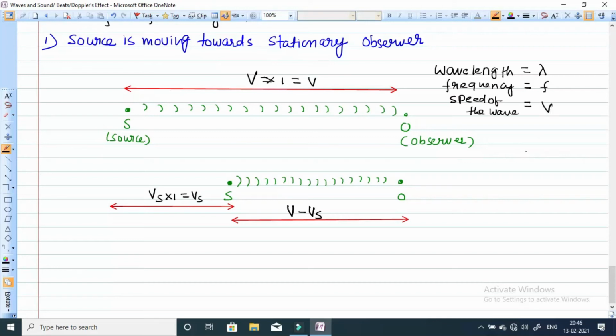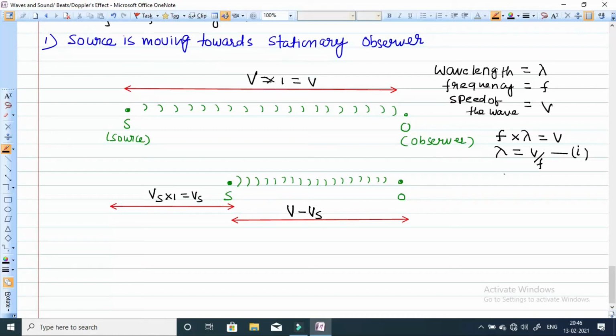Then what will be the wavelength? Frequency into wavelength is equal to the speed of the wave. So for the initial condition, lambda will be equal to V by F, where V is the speed of the sound or wave and F is the number of waves in 1 second.